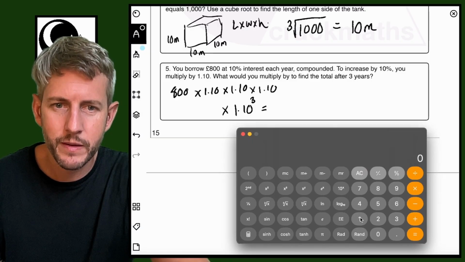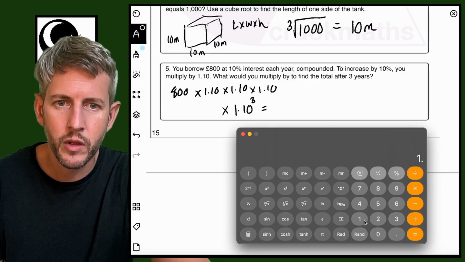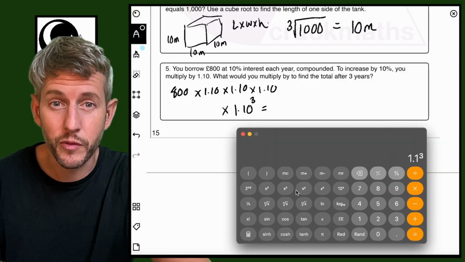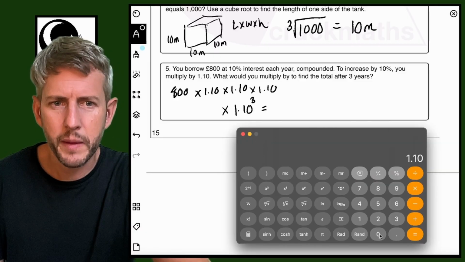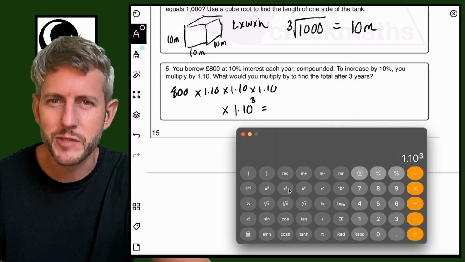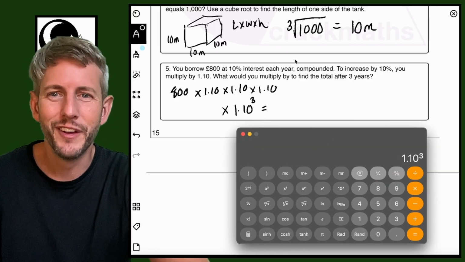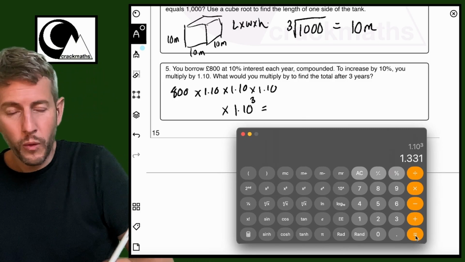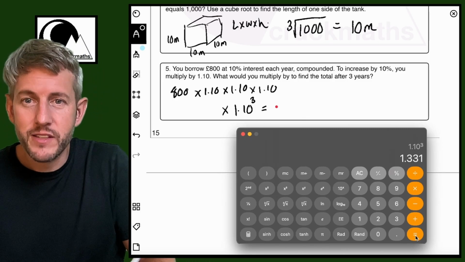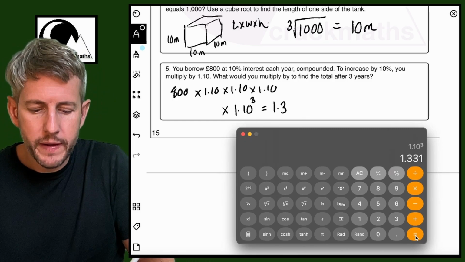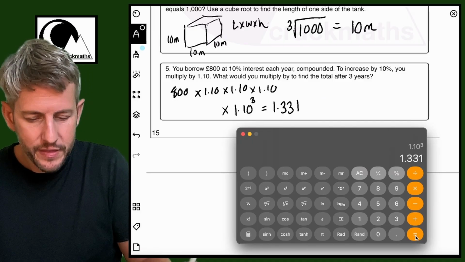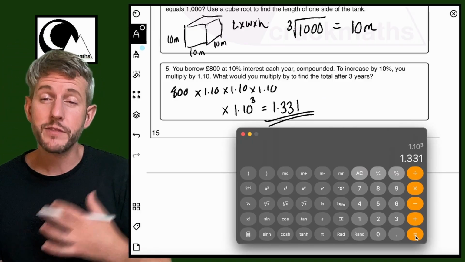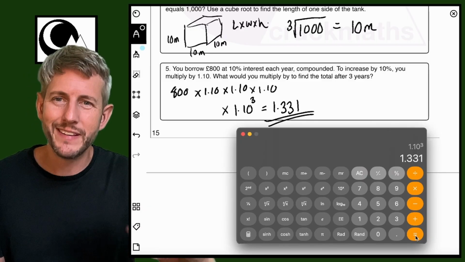Clear the calculator, 1.10 to the power of 3, and it's nice because we've got the cube button. The zero doesn't actually make any difference, but it's in the question, so I'm just going to roll with it. So 1.10 to the power of 3 is 1.331, and that is the answer, because they just want to know the multiplier that we're going to use to increase by 10% 3 years in a row.